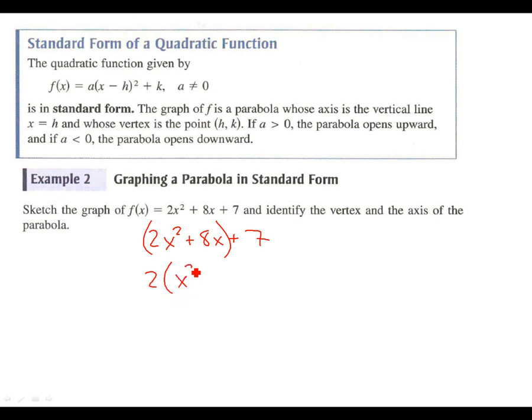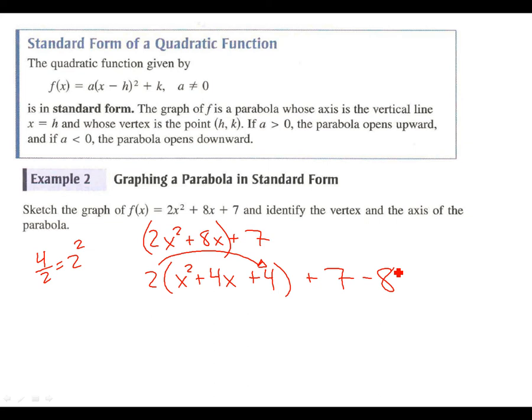So now we have x squared plus 4x. And I'm going to leave some space over here because guess what we get to do? We're going to complete the square. So if we remember, we cut the 4 in half, we get 2, and then we square it. So we get 4, and I forgot my x on here. So add 4 on here. Because this 2 is distributing in, we're really adding 8. 2 times 4 is 8. We can't just magically add 8, so we also need to minus 8 on there.